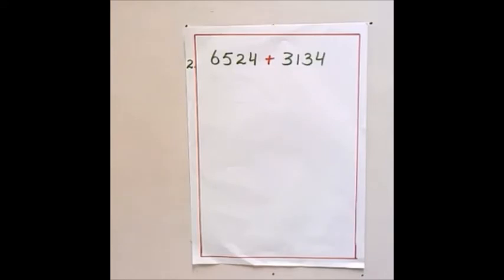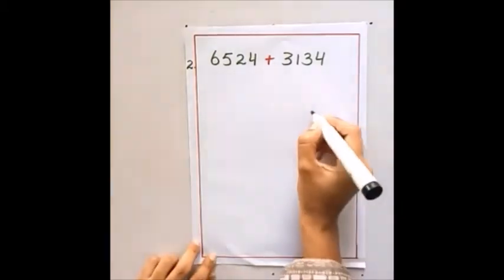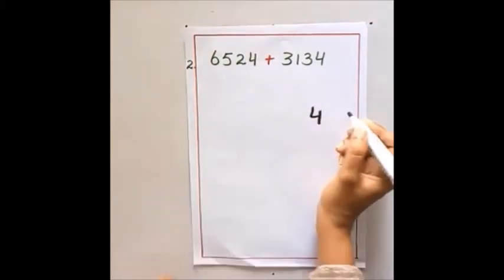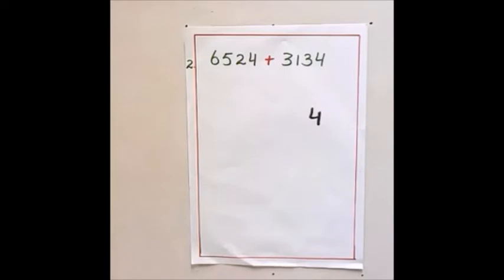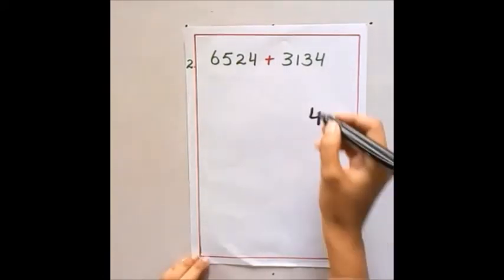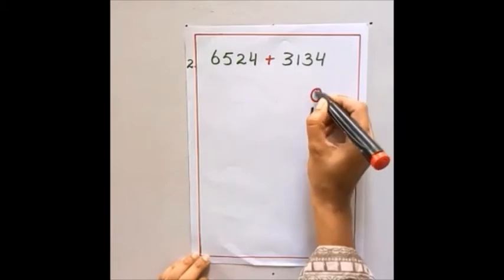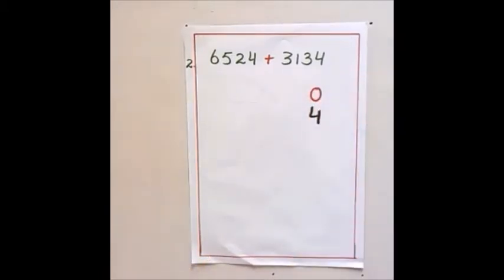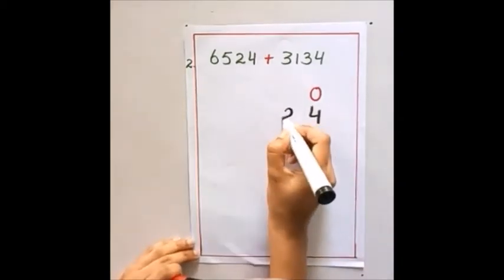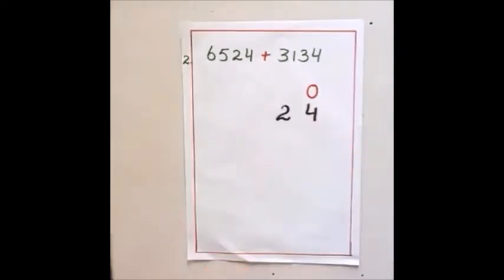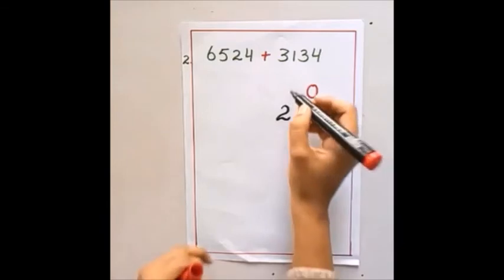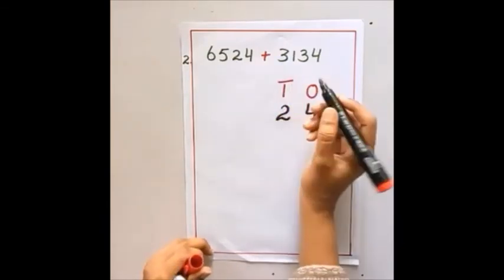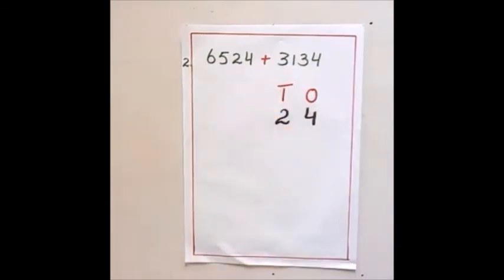I have 4 in the ones place, so I will write 4 under the ones place. Then I have 2 under the tens place, so I write 2 under the tens place.